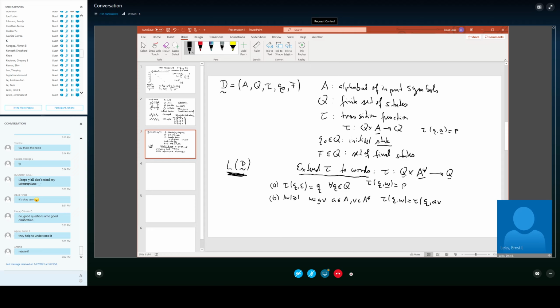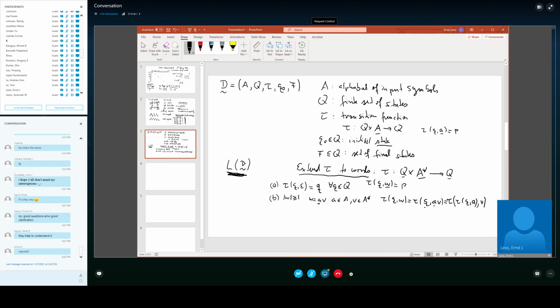That's just using that definition. Then we apply that letter A to Q, so this is tau of Q and A, and we get a state here, tau of Q and A.